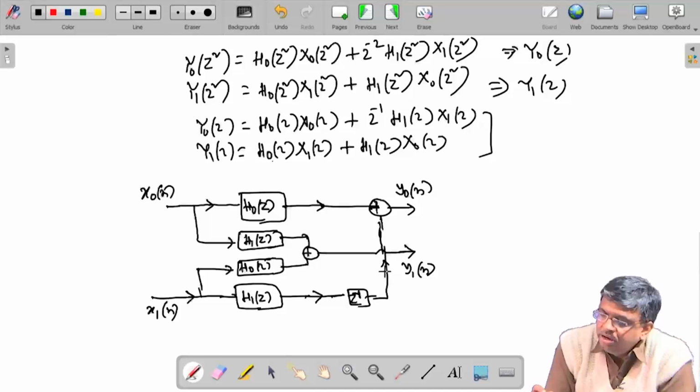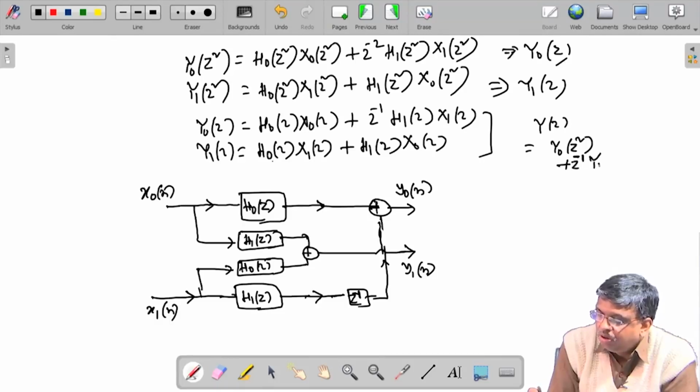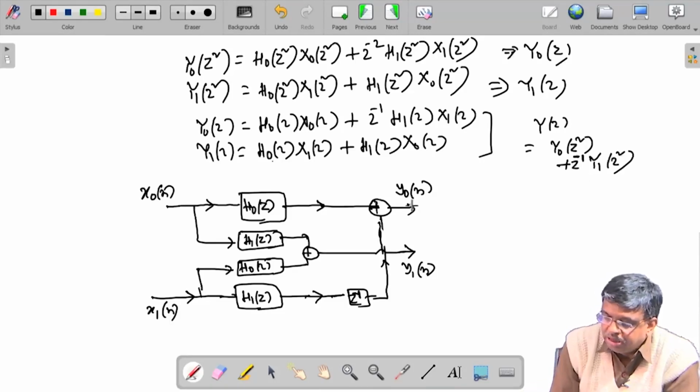How to get back y n? Now, I know in the z domain y z means from y0 z, I have to make it y0 z square, plus z inverse y1 z square. That means I have to expand this by 2, so that the output is y0 z square. I have to expand this by 2, so that the output is y1 z square, then delay it by one delay, that is z inverse, then add.